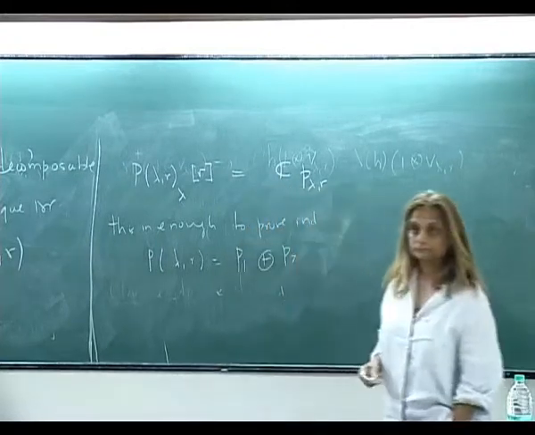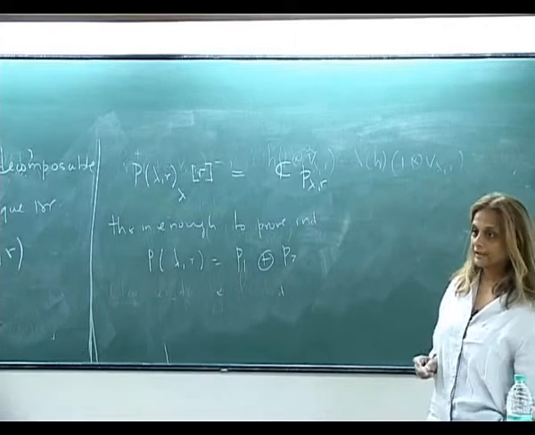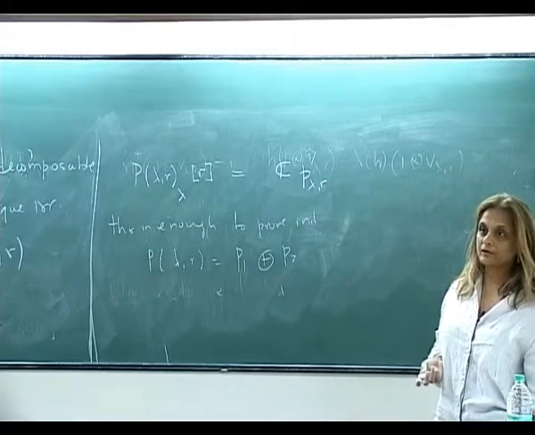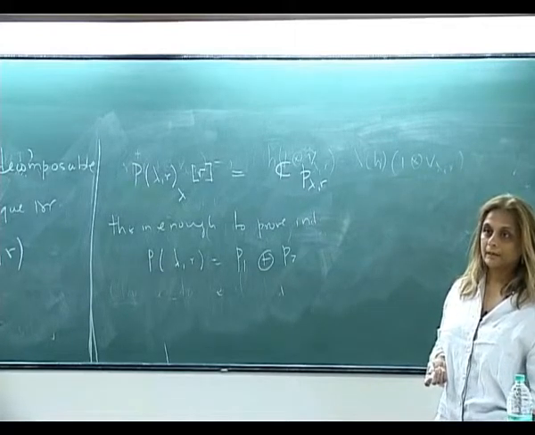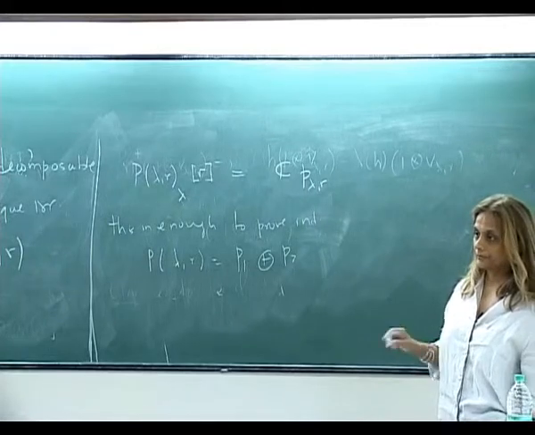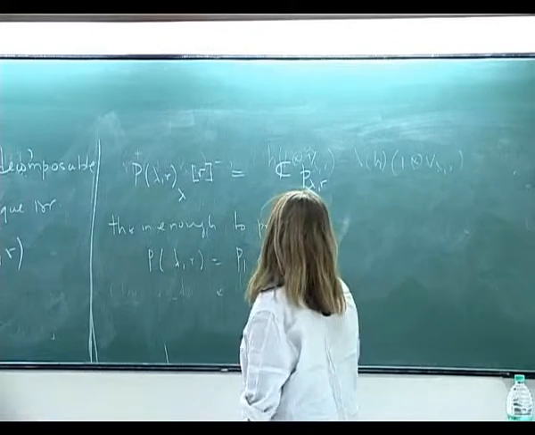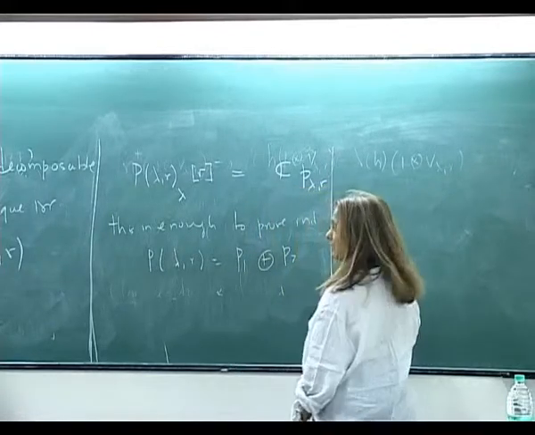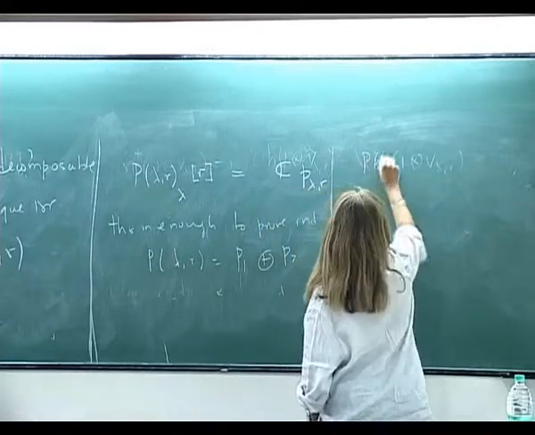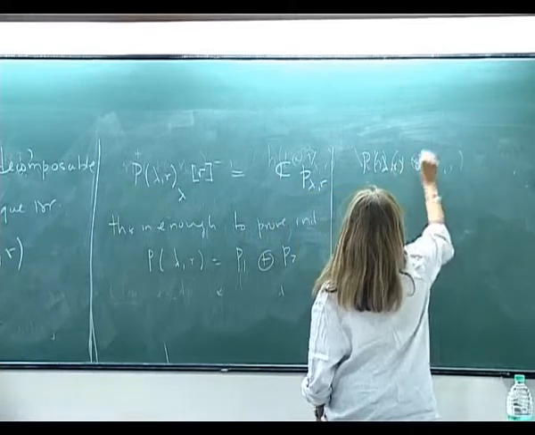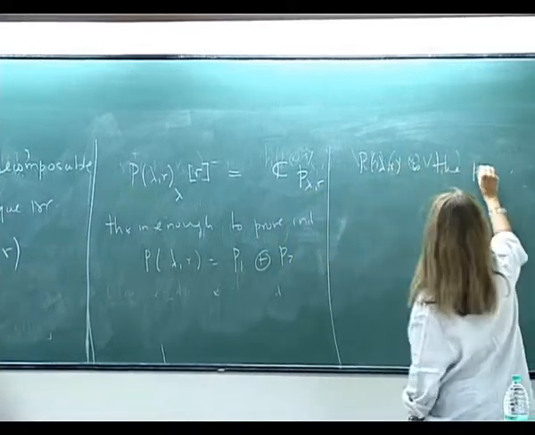It's like the argument to prove that the Verma module has a unique maximal submodule. So this would prove the same thing, and it's indecomposable. Okay. So conclusion, I've proved the statement that I made last time: P lambda R is the projective cover of V lambda R.